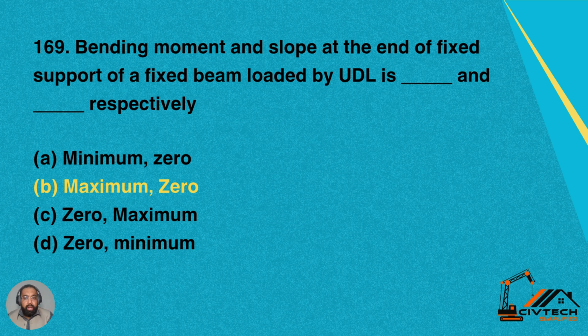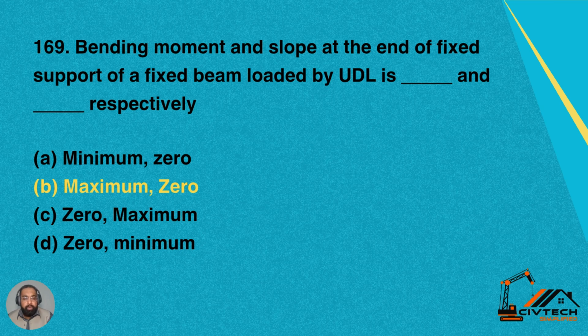Question 169. The bending moment and slope at the end of a fixed support of a fixed beam loaded by uniformly distributed load is dash and dash respectively.